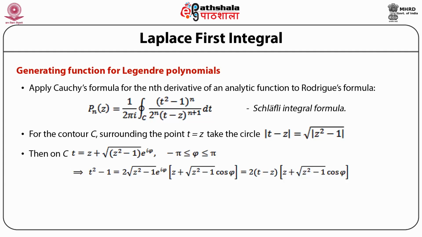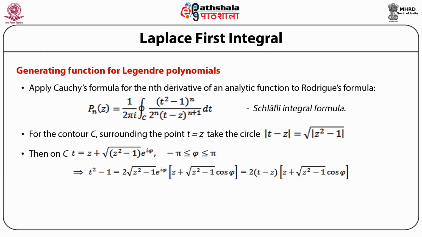Making this change of variable, we have t^2 minus 1 equal to 2 times the square root of z^2 minus 1 into e^(i phi) multiplied by (z plus the square root of z^2 minus 1 cos phi).